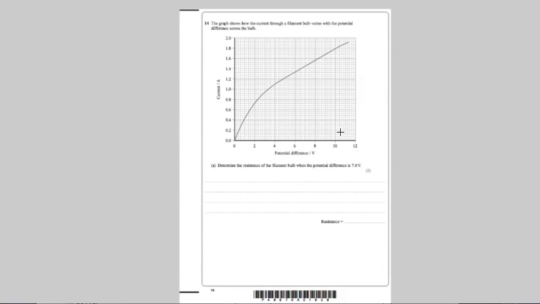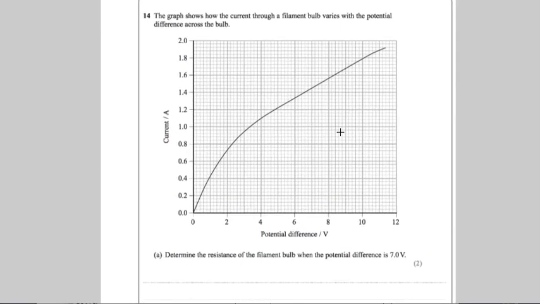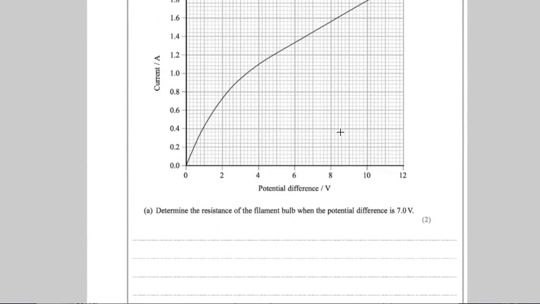Okay, question 14. The graph shows how the current through a filament bulb varies with the potential difference across the bulb. Determine the resistance of the filament bulb when the potential difference is 7 volts. So when we have a potential difference of 7 volts, the current is 1.44, and the resistance is not the gradient of an IV graph. That's a common misconception.